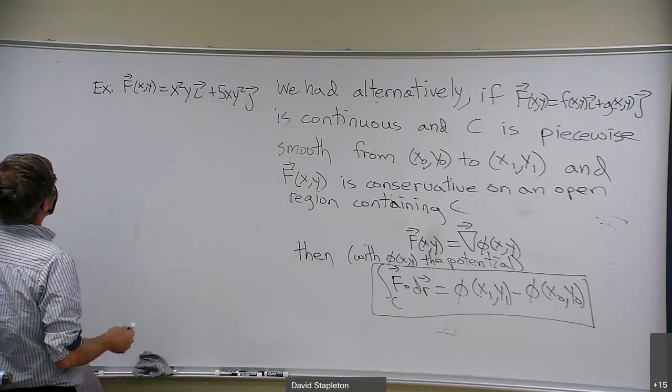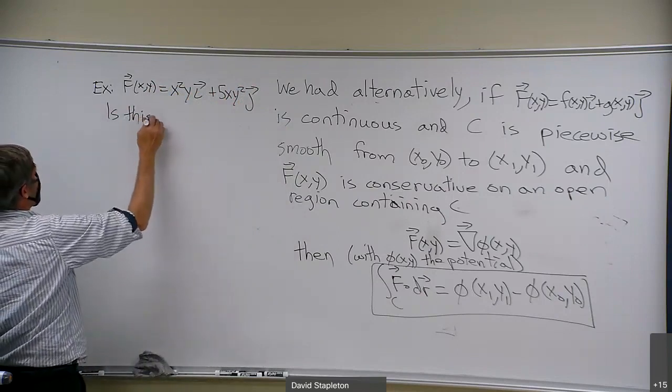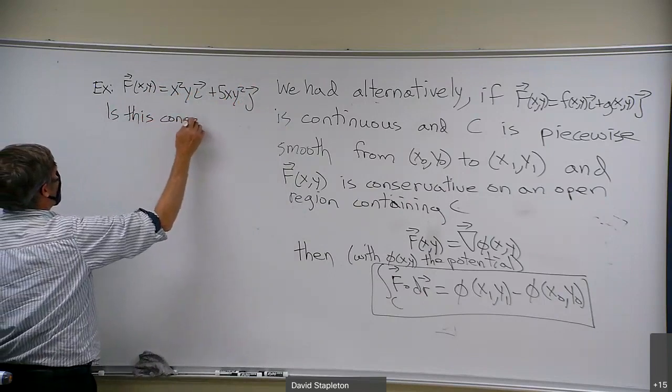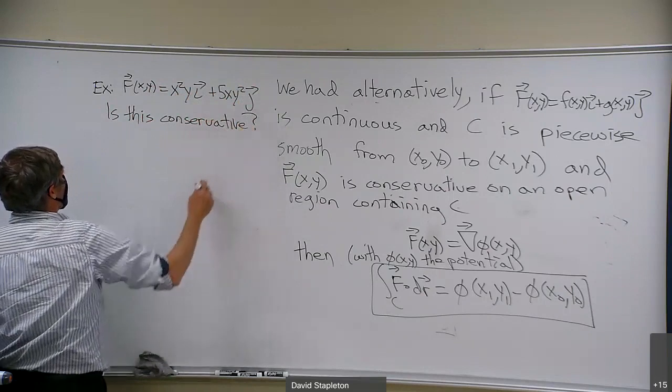We can first ask, is this conservative? And apply the theorem if it's conservative. How can we tell? There's actually a short way. For now, we'll do it the long way.